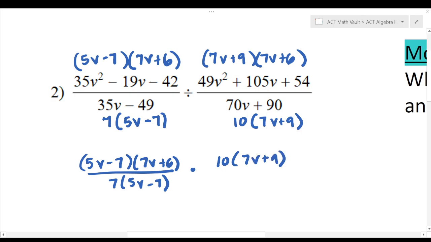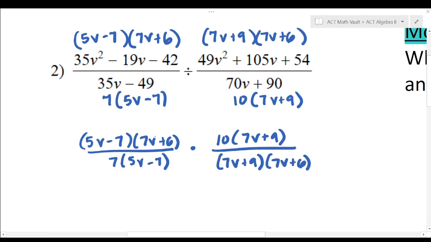I need to flip that second fraction. Keep the first, change the sign, and flip the fraction after the division symbol. So we have 7v plus 9, 7v plus 6. Okay, the fun part. Cancel, cancel, cancel, cancel, cancel, cancel, and the answer is just 10 over 7.